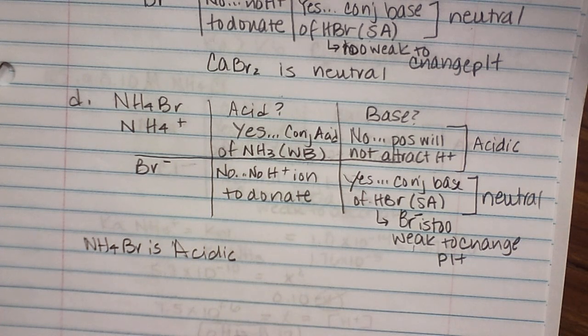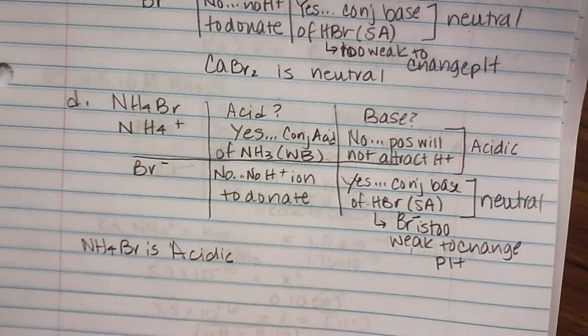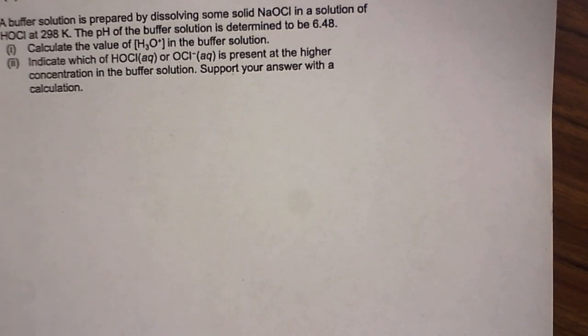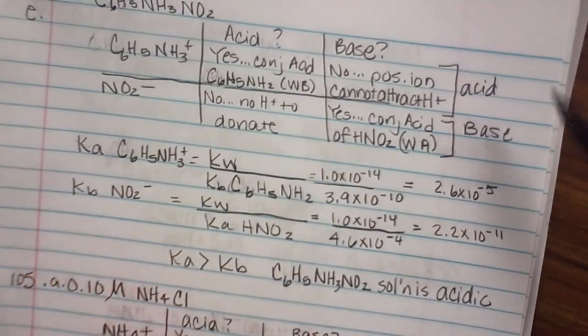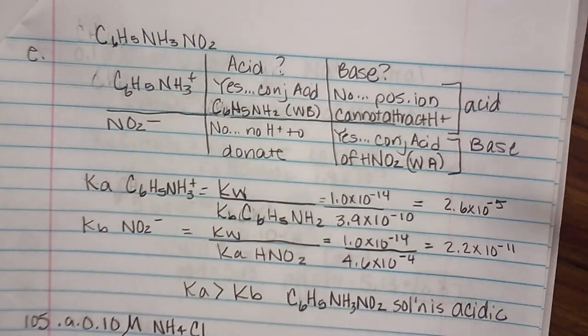So acidic. Questions? No? All right. Okay. Next one. So this one turned out to be an acid and a base. Here's the little chart. Questions on the chart? Let's start there.